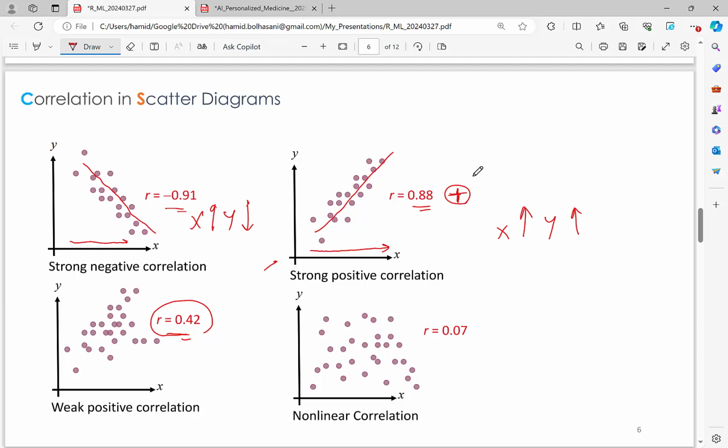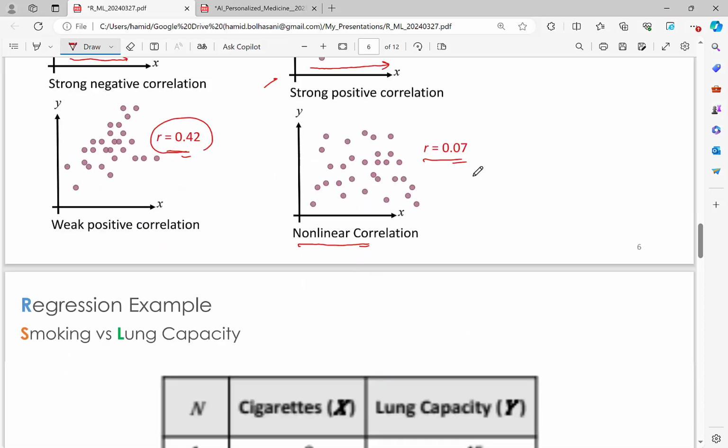The correlation between x and y is very clear in the photo, and in some cases we have nonlinear correlation where you can see the r is something like near zero, and it's almost harder to find. But in the first lessons and concepts for learning machine learning and regression, we start from these easier cases.